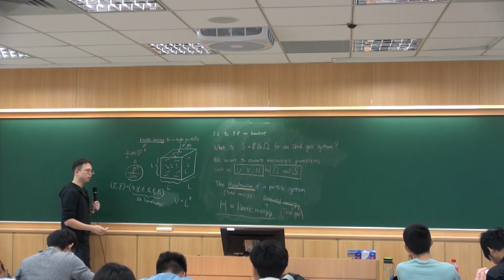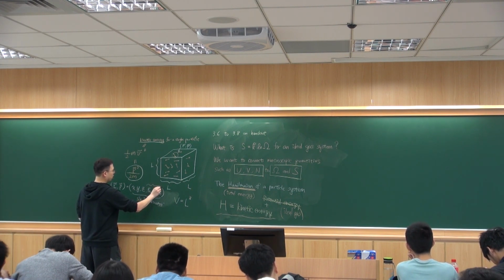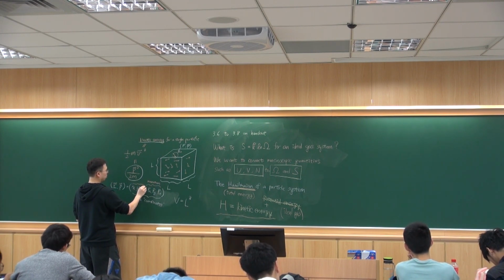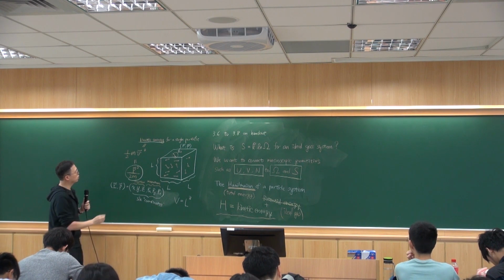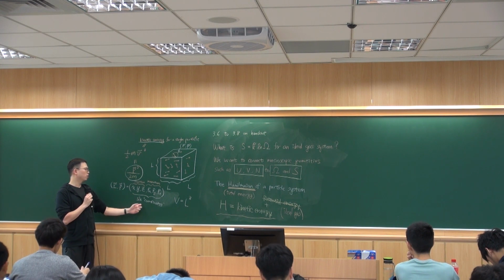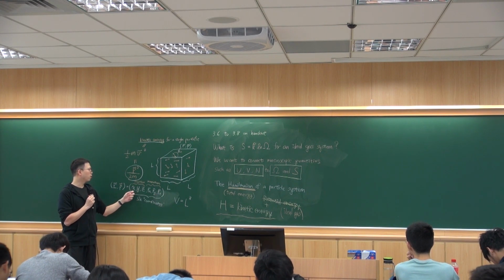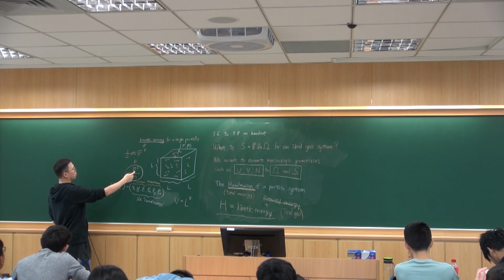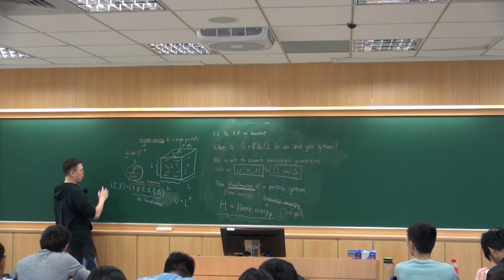Or you can say 6 variables, because you have to describe the velocity. So these 3 are the momentum. This is, let's say, position. So in order to describe a particle, you have to have 6 variables or 6 coordinates. 3 of them are momentum. 3 of them are position. But lucky enough, for kinetic energy, we only need this one. So that's for one particle.